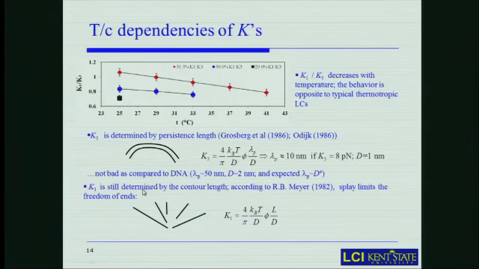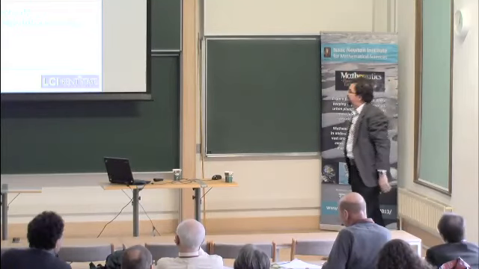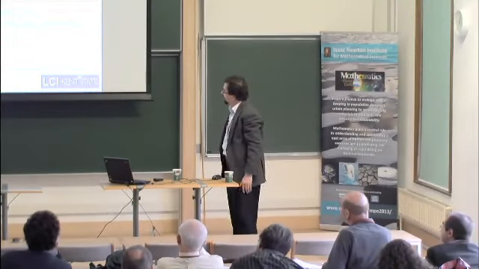K1 is a somewhat different beast. This is the deformation of splay, and you can see even from this image with my fingers that if I would like to create splay, then I need to fill the empty spaces between the fingers, and that means I need to bring the ends of the other molecules to keep the density of the material intact whenever I want to create the splay deformation.